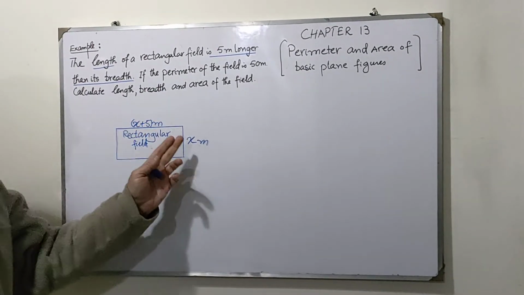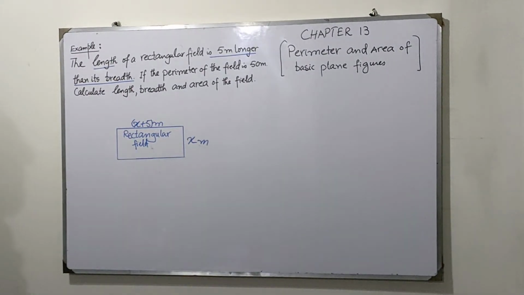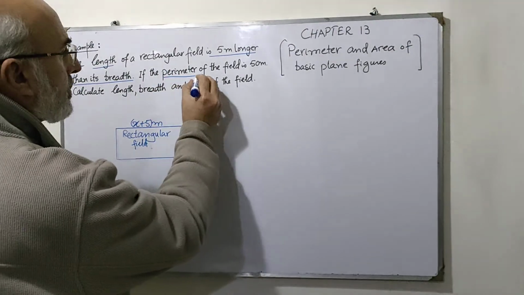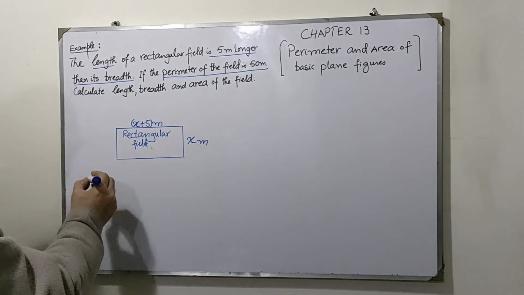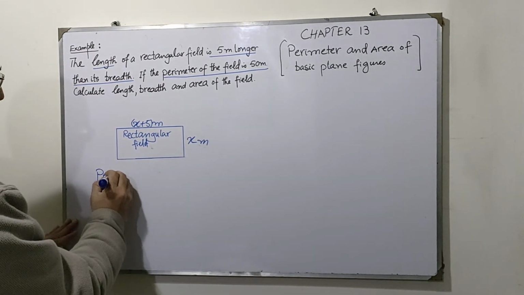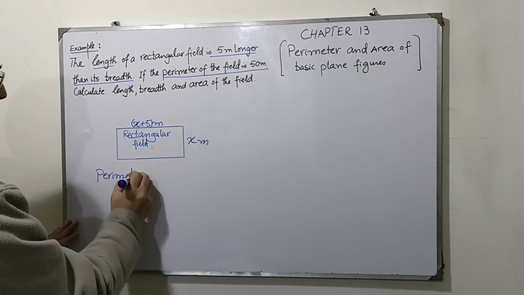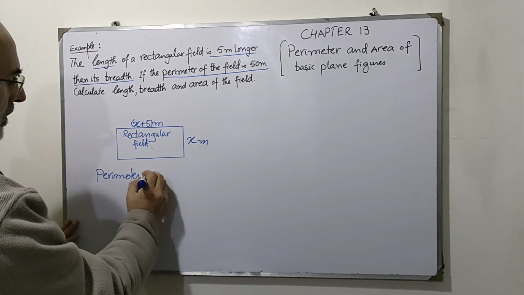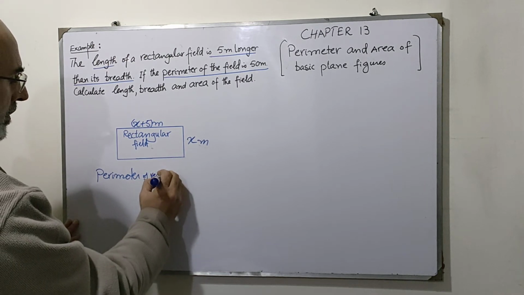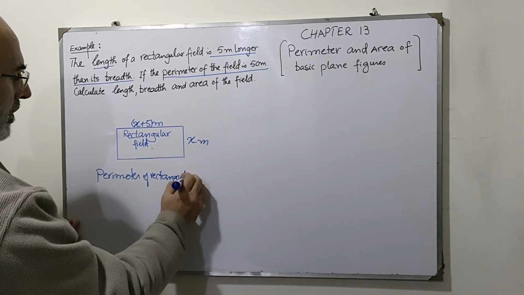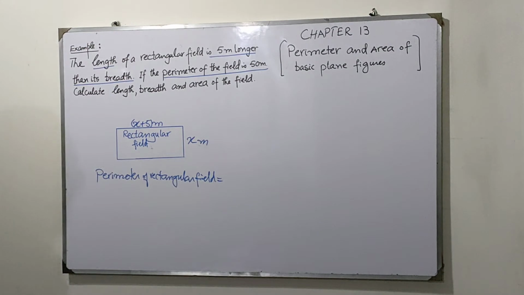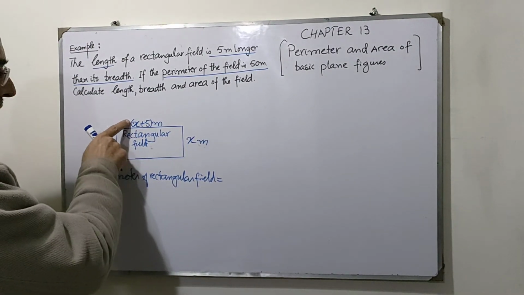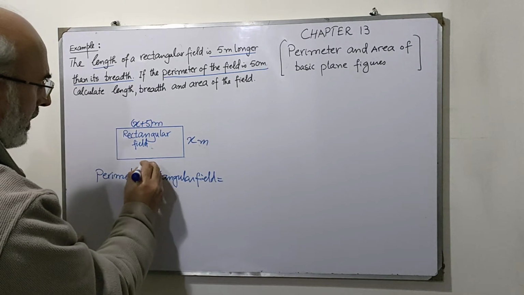Now we have our length and our breadth. So how to calculate it now? We are going to use the perimeter of the field, which is 50 meters. If this length is x plus 5, this is also x plus 5.